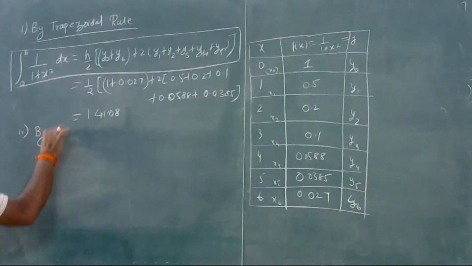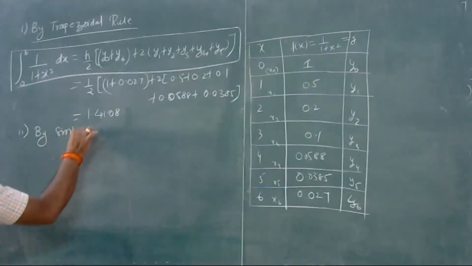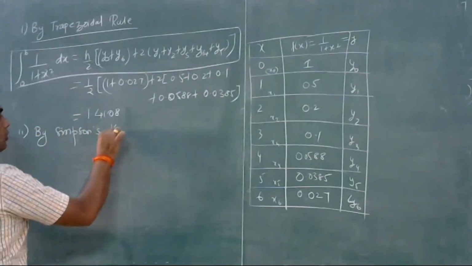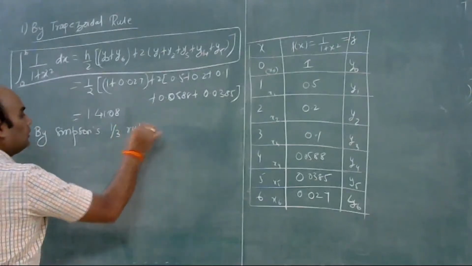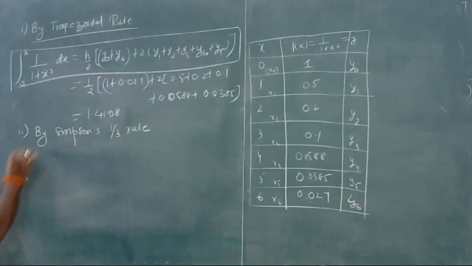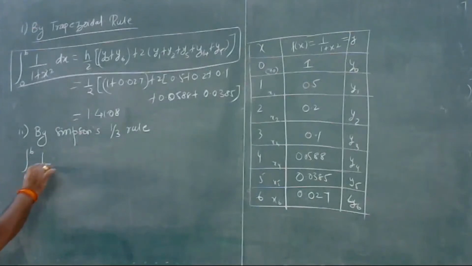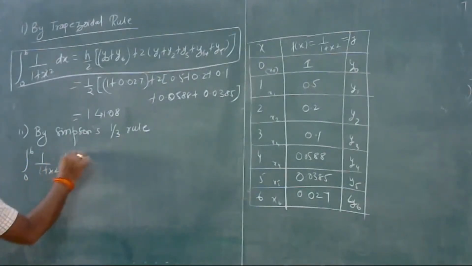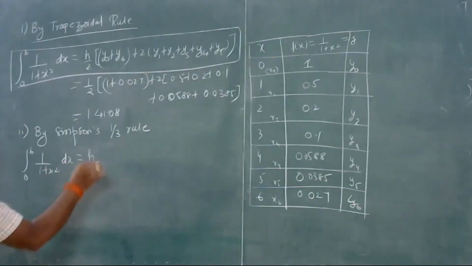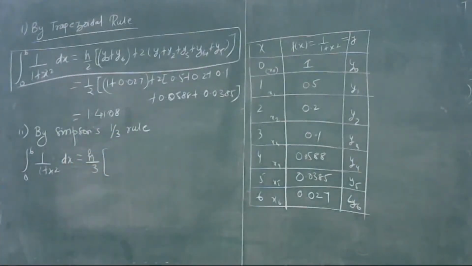Next, by Simpson's rule, or Simpson's 1/3. So the integration from 0 to 6 of 1 upon 1 plus x square dx is equal to h upon 3.